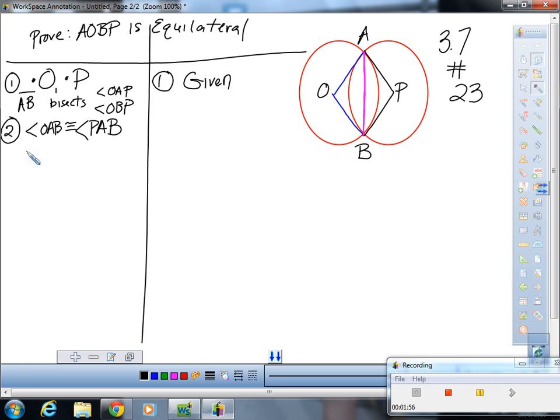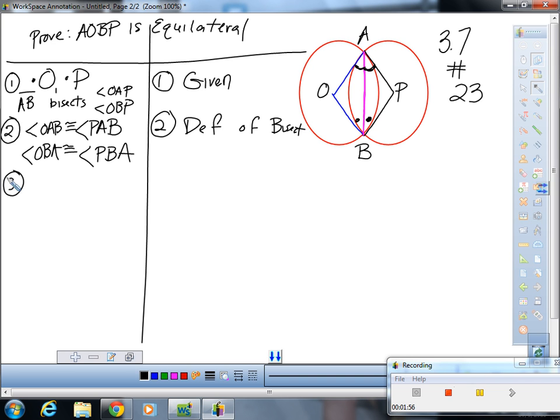And separately, angle OBA is congruent to the Professional Bowling Association. And my reason for that is definition of bisect, right? So let's label this right. These are congruent, and these are congruent. Well, this sets up nice.